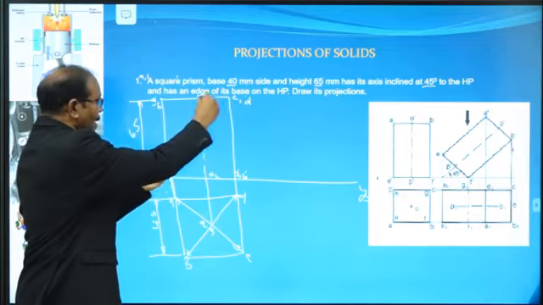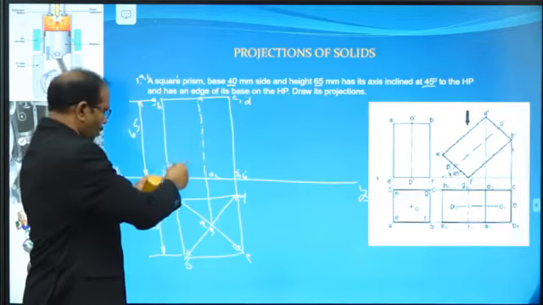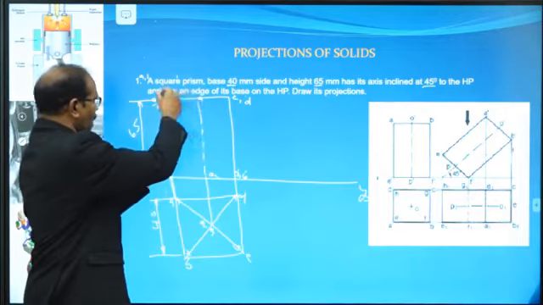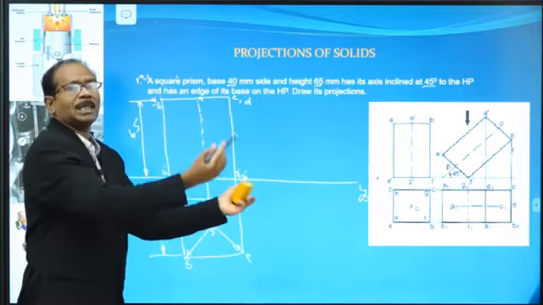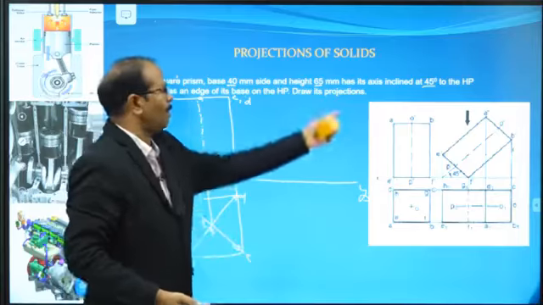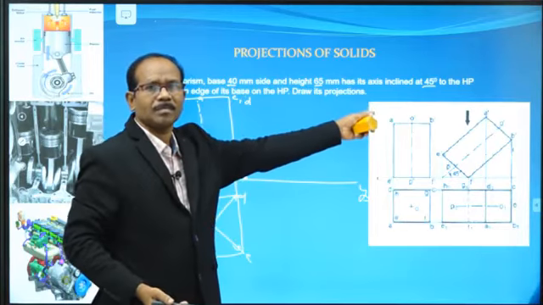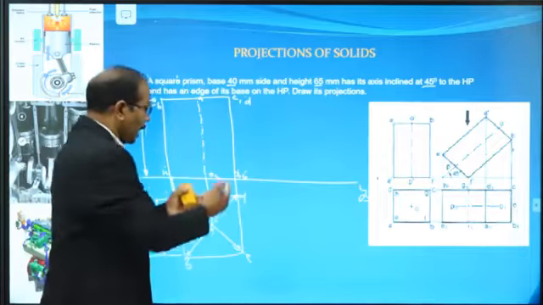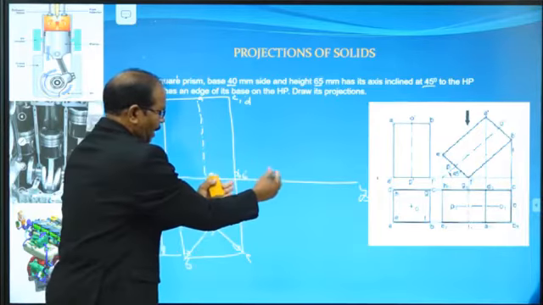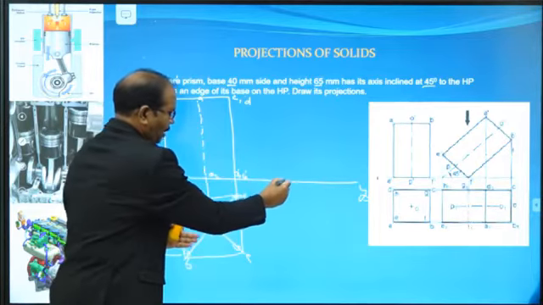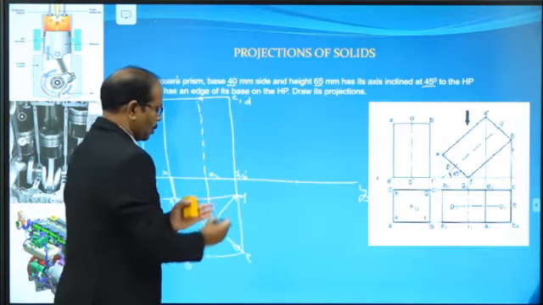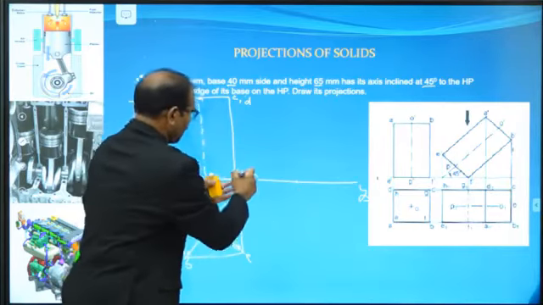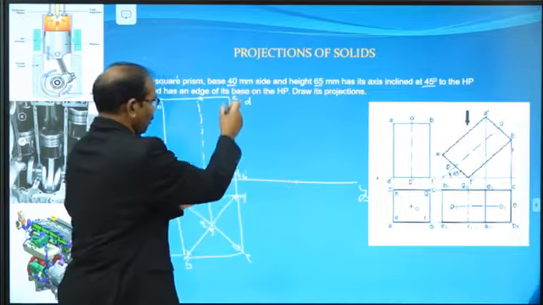That means this rectangle, A1, 3, 4, is tilted at 45 degrees. Take any convenient gap and any reference point. Draw this line.